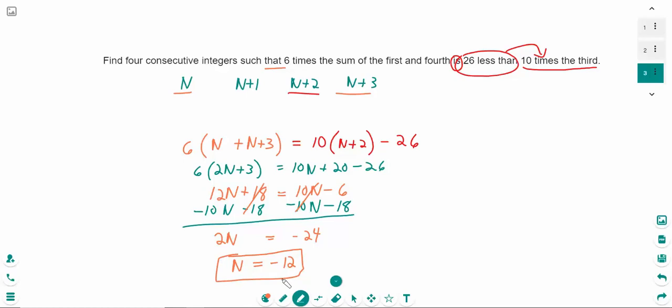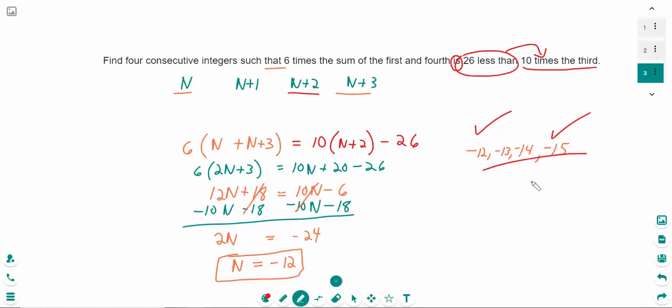So what are our consecutive integers here? You might be tempted to say that they're negative 12, negative 13, negative 14, and negative 15. But this would be incorrect, okay? Why is it wrong? Because these are not consecutive integers.